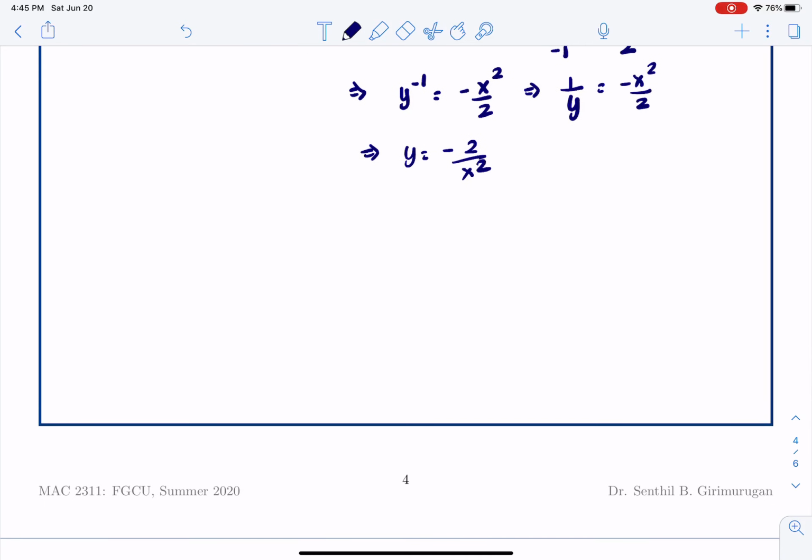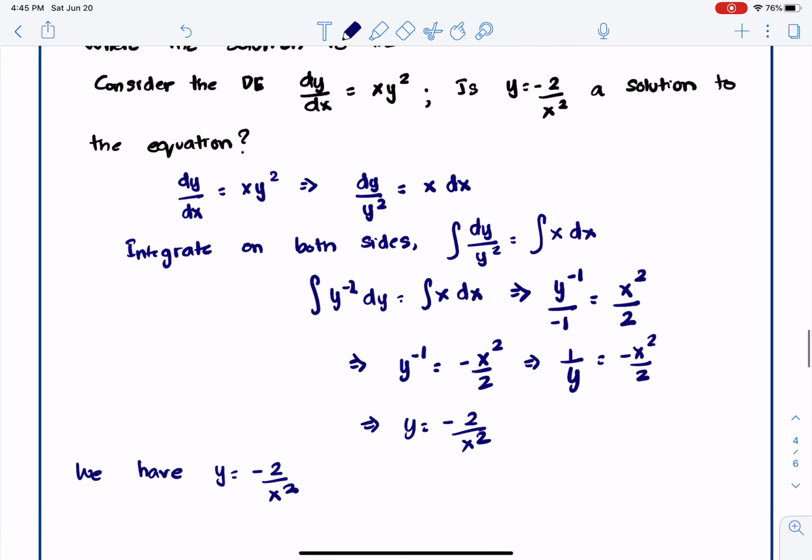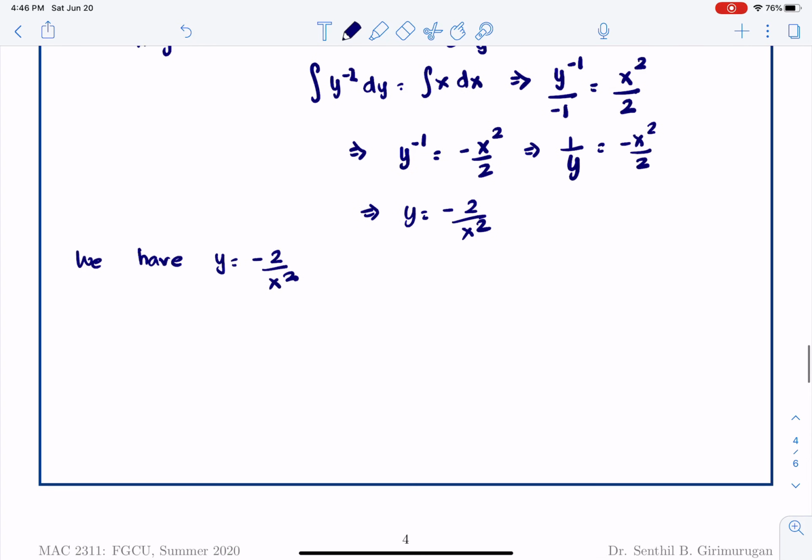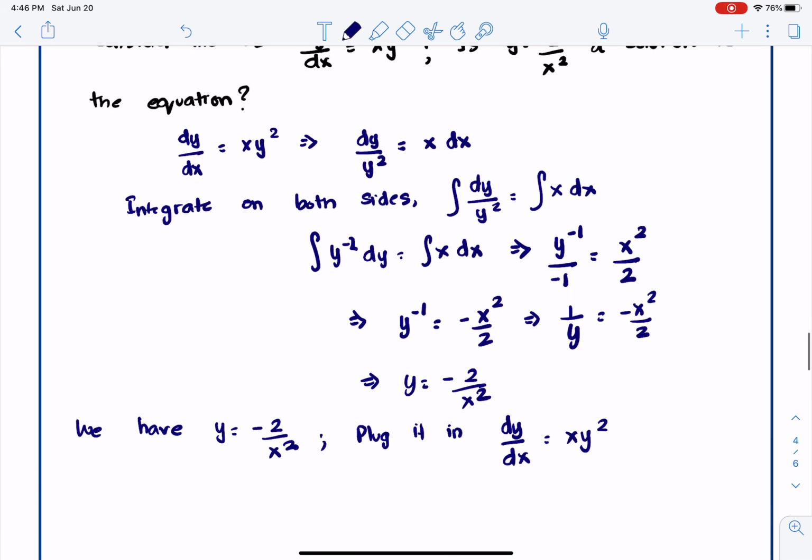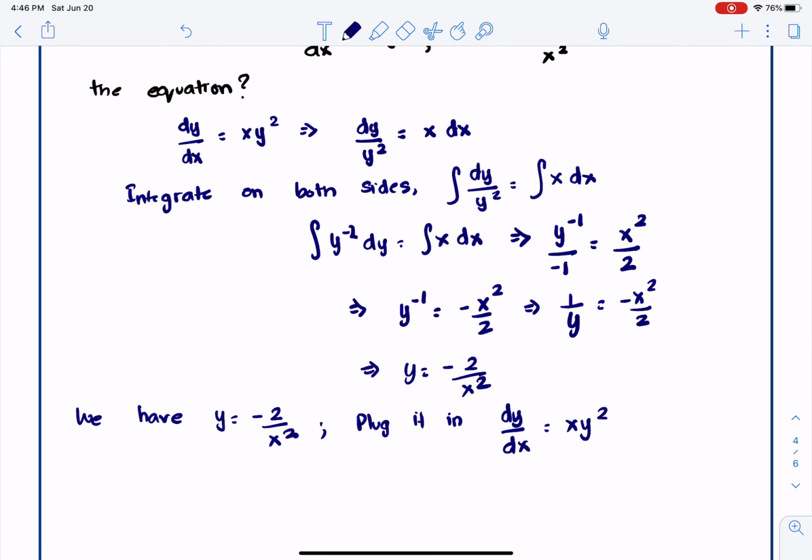So we have y equals minus 2 over x squared, and I would want to plug that into the given DE, which is dy over dx is equal to xy squared.